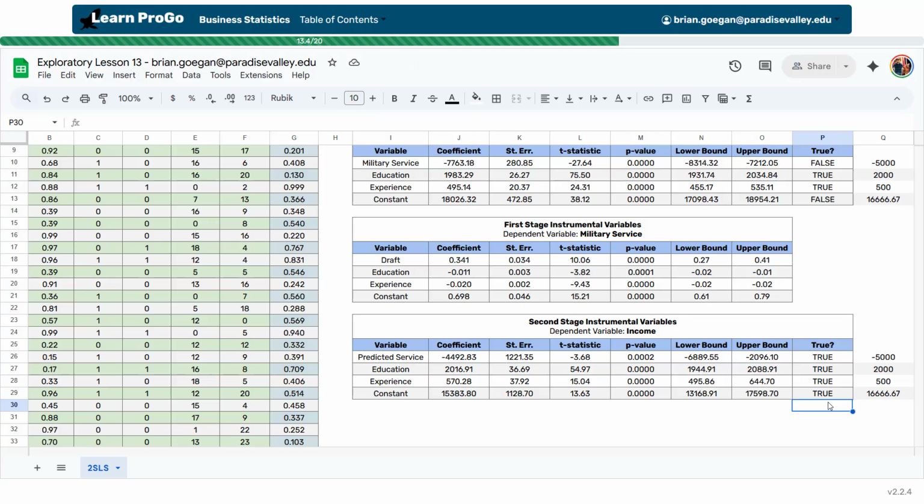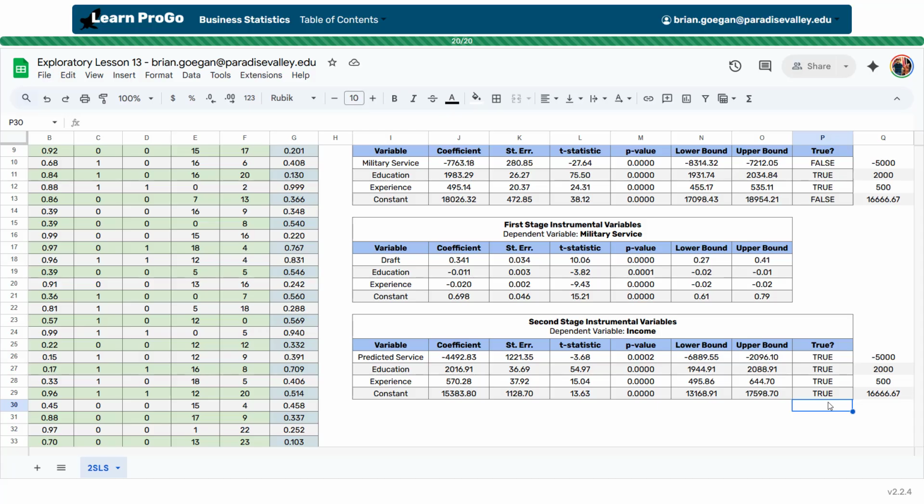Because the draft is random and uncorrelated with everything else. It's correlated with military service, but not with anything else in the error term. And because that's the case, if we use it to predict the variable of interest, military service, then the predicted values that we get from that regression are the part of military service that can only be explained by the draft, education and experience.